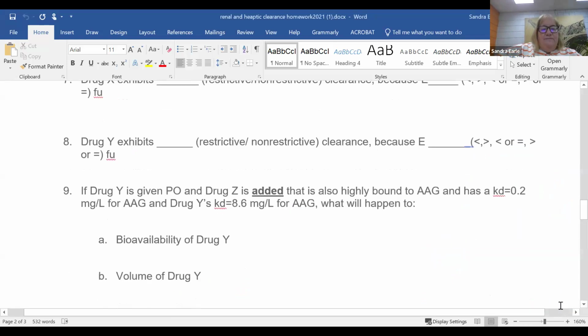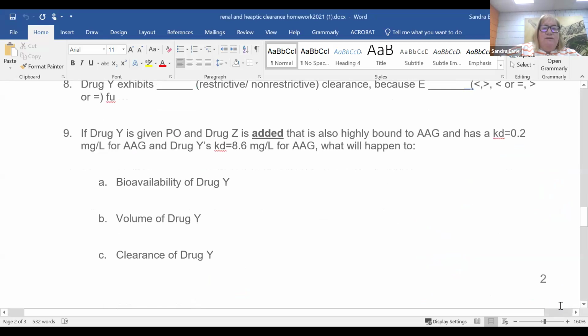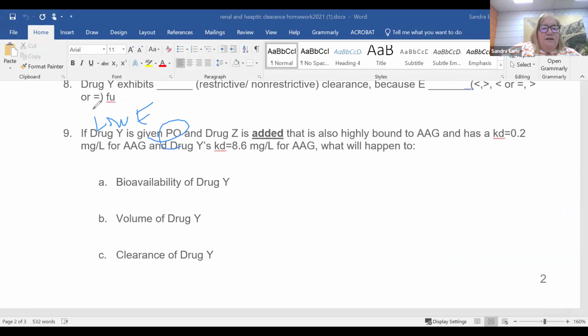Okay. If drug Y, which as I remember is a low extraction drug, is given PO and drug Z is added. I have to draw a lot. So drug Y, which is low E, is given PO.